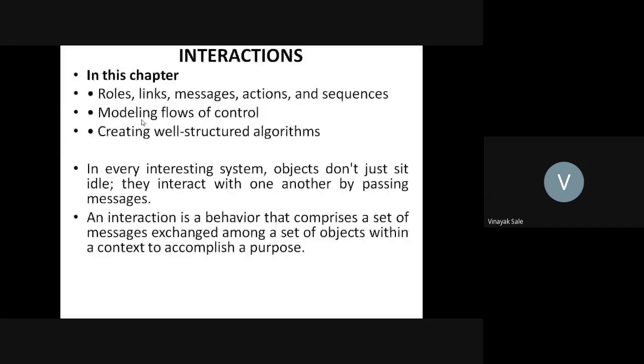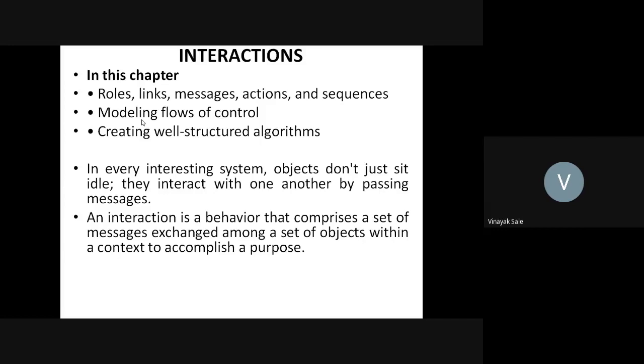First, interaction. In this part, we'll study roles, links, messages, actions, and sequences. Modeling flow of control, creating well structured algorithms. Every interesting system's objects don't just sit idle. They interact with one another by passing messages.